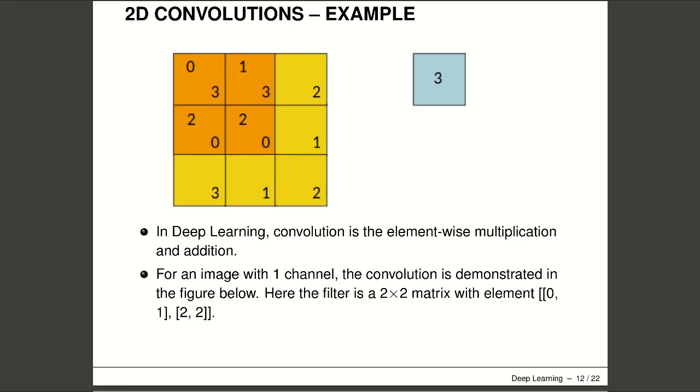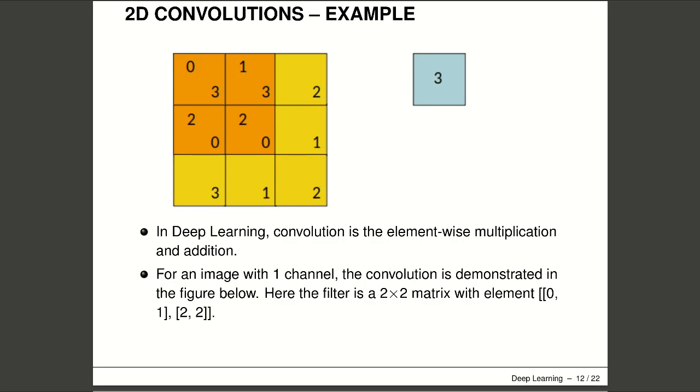Let's see 2D convolution in one example. Here we have an input of size 3 by 3 shown in yellow, and we have a filter of size 2, which is a small matrix of weights.